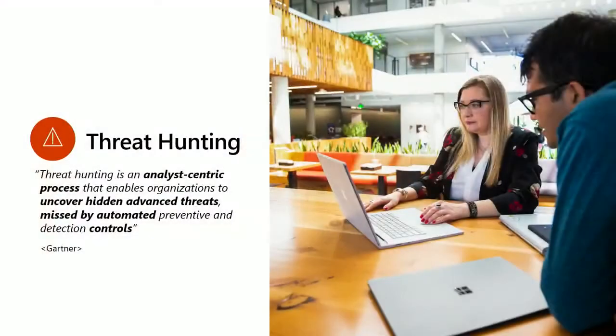Yeah. Okay. So let's talk a little bit about what is threat hunting. As we know, advanced attacks are getting more and more sophisticated, and attackers are trying to use every tool and tactic that they can possibly use to make sure that they go undetected as they reach their targets.